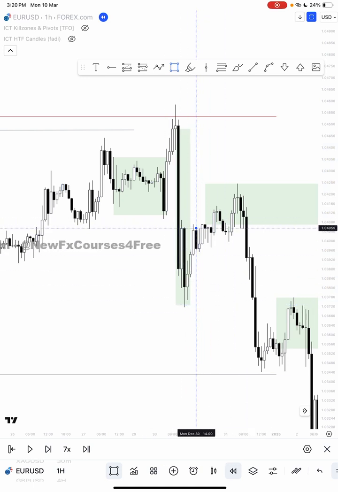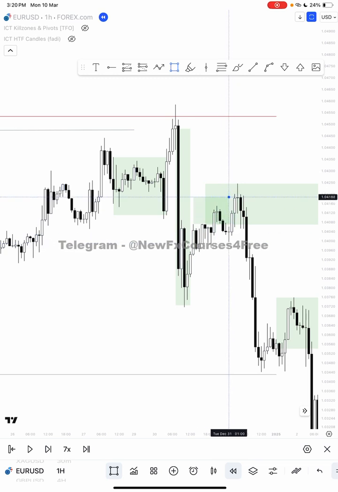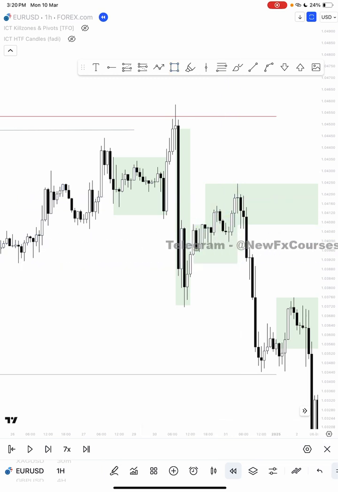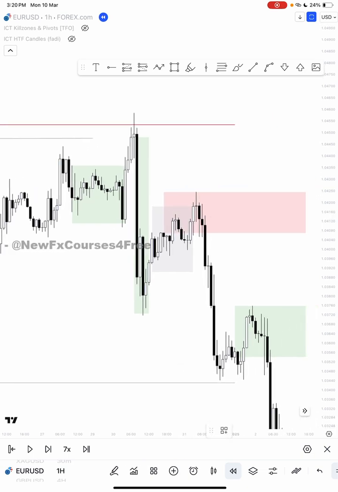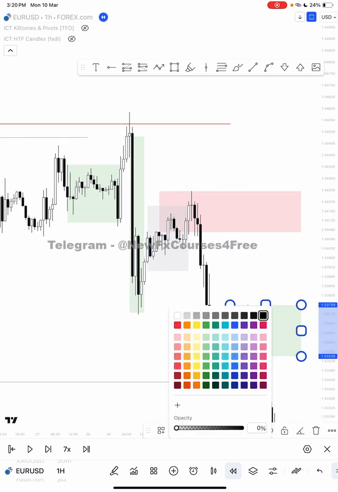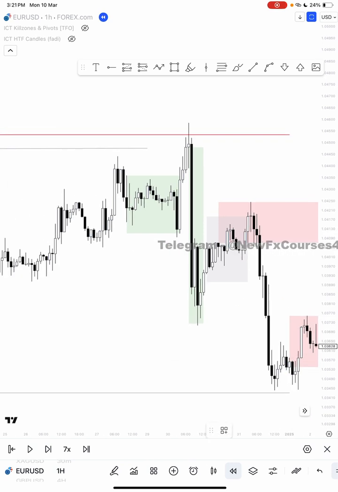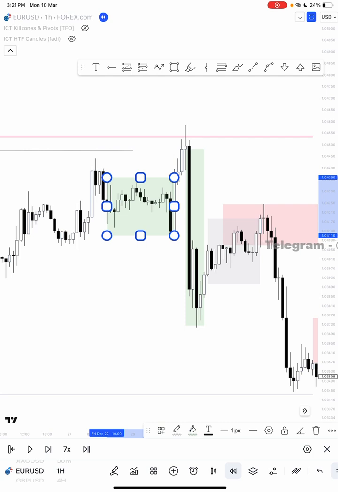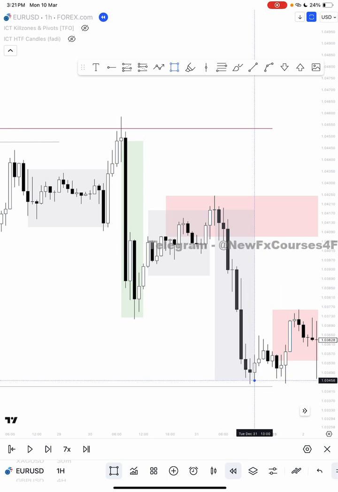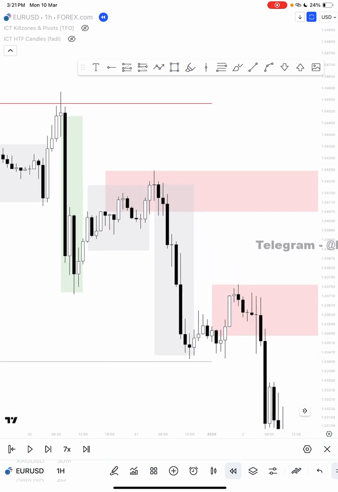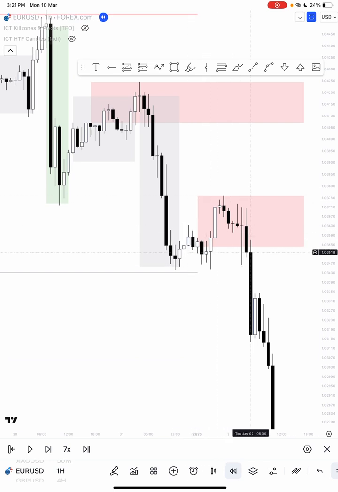Range, trend, range, takes a breath. Let me make these different colors. The open, high, low, close of the daily time frame will be pink. That way we can actually differentiate what we are trying to say here. So range, trend, and you got your range again, then you got your trend.